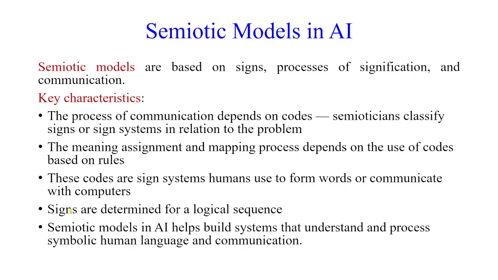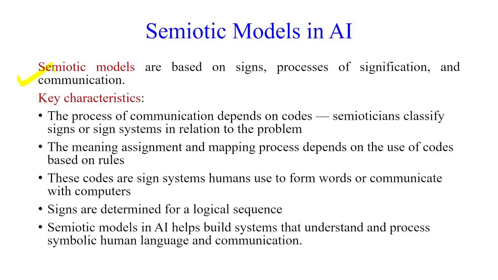So semiotic models are based on the science of processes of signification and communication. The word semiotic comes from the study of signs and symbols and how meaning is created and communicated.